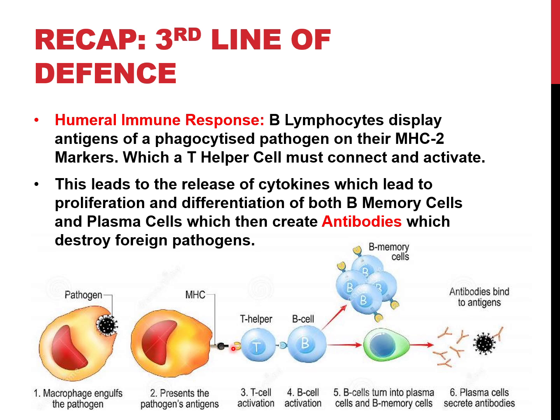The corresponding T helper cell finding the matching MHC1 marker then allows the B cells to go through that clonal expansion, which replicates themselves and creates memory cells. Then those B cells that have been replicated that aren't memory cells are called plasma cells, and they make the antibodies which destroy the pathogen.